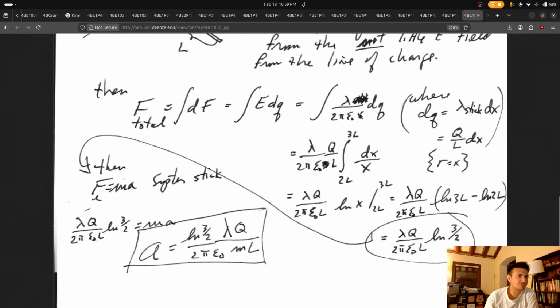He switches from r to x, but you could do dr and r. Here's that thing. So he's gonna get ln x here, 3L. This is just 3/2. I actually love these infinite wire ones. These are really kind of nice. So now he just takes this and divides by the mass.